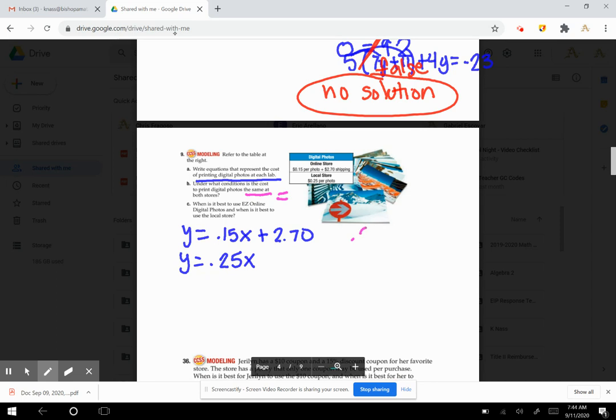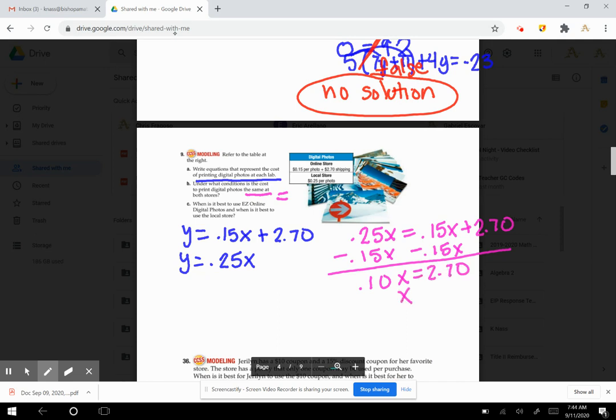So 0.25x equals 0.15x plus 2.70. Subtract the 0.15x from both sides. So you have 0.10x equals 2.70. And x is equal to 27.